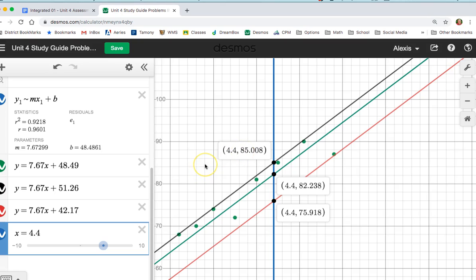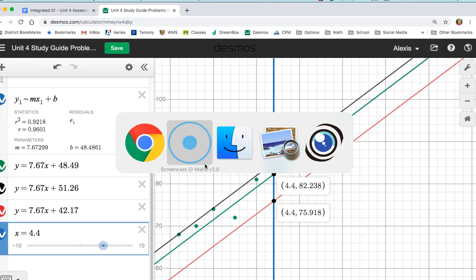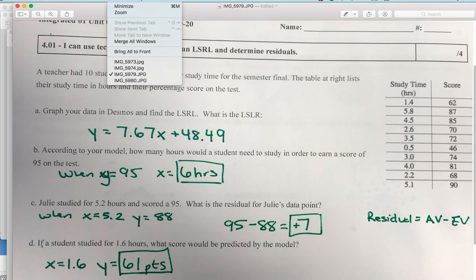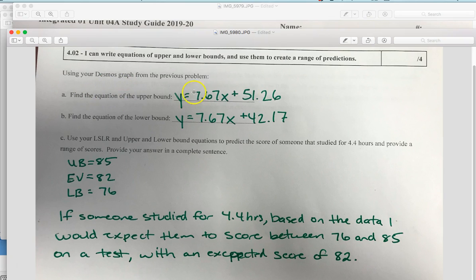So how do we write that? Well, let's take a look at what I did. All right. I have my equation of the upper bound. I have the equation of the lower bound. I put in 4.4 into my Desmos model. I got an output on the upper bound of an 85.